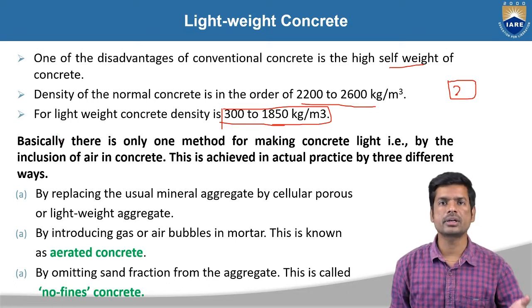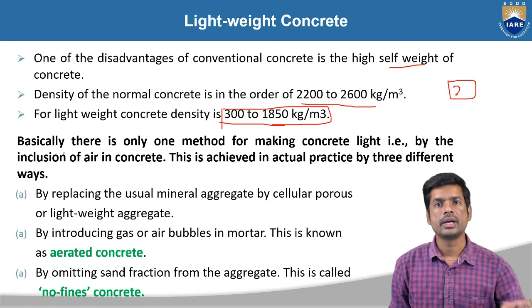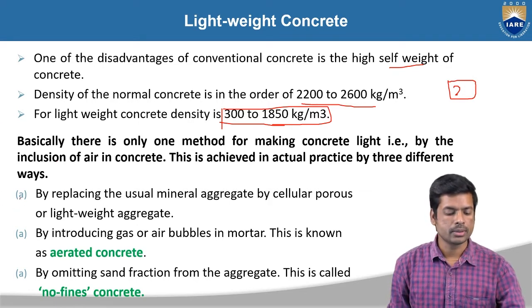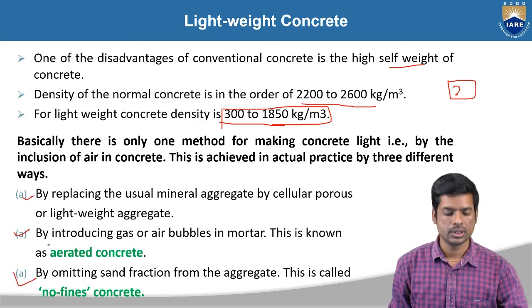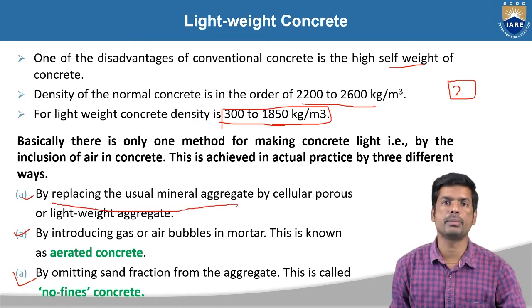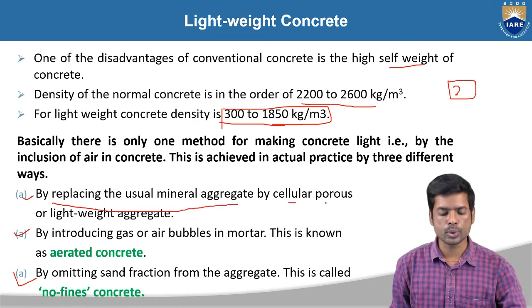Basically, the weight of concrete can be reduced by inducing air in the concrete, or by using aerated aggregates. By using these three methods we can reduce the weight of normal concrete. The first one is replacing the usual mineral aggregates with cellular porous aggregates.